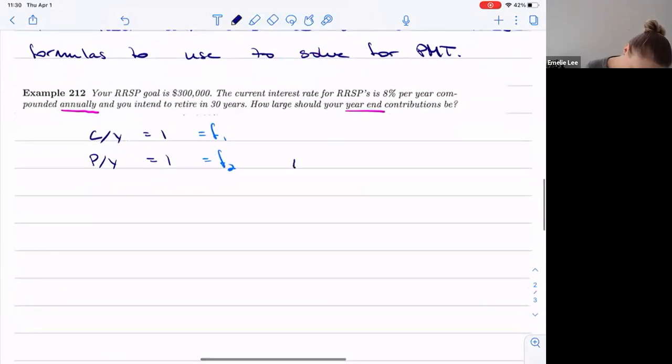So I2, going straight to I2, is 1 plus 0.08 divided by 1, right? 0.08 compounded annually, so divided by 1, to the power of 1 over 1, minus 1.